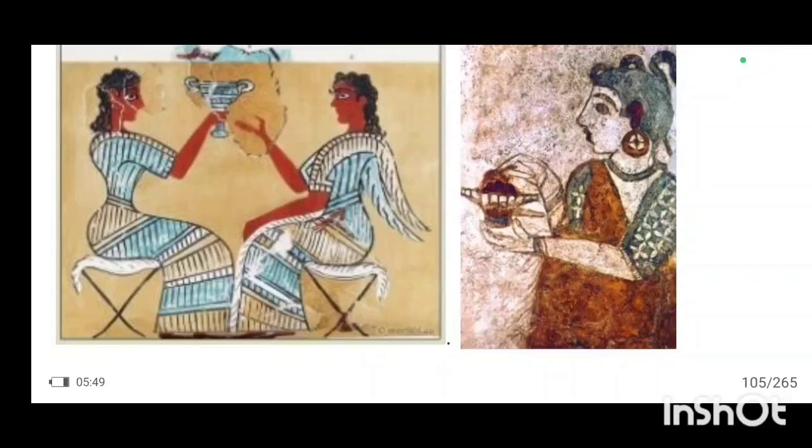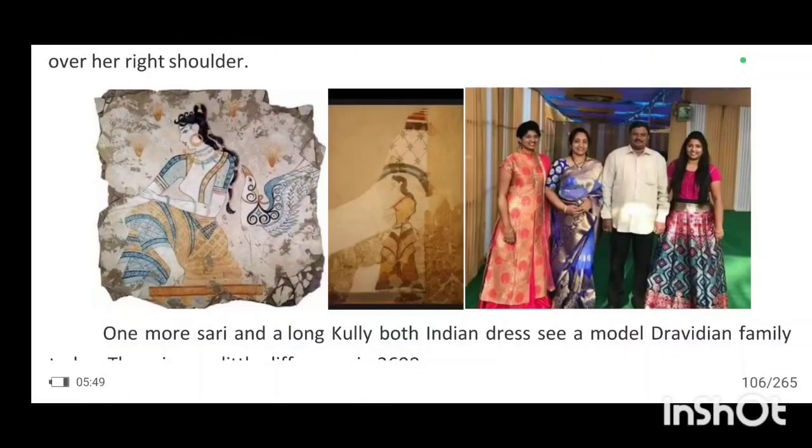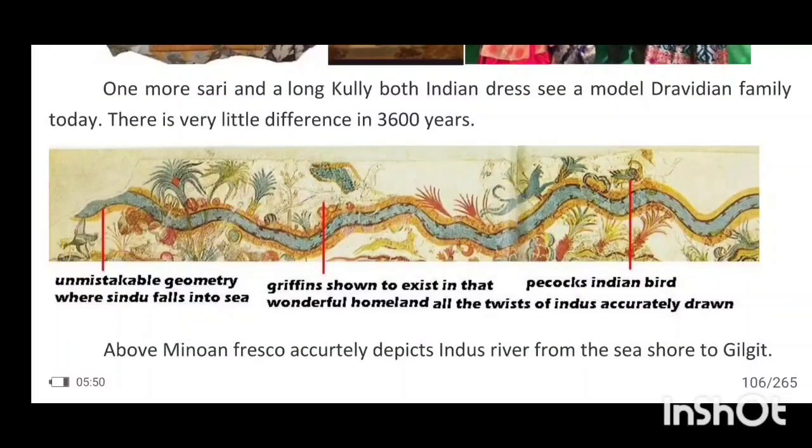This is where the merchants of Indus Valley civilization went, to the islands of Greece. Same sites, a married woman in sari, a young lady in a long kalli or maxi type of gown. Last, a South Indian family, mother in sari, daughters in long kallis or frocks, typical Indian dress.